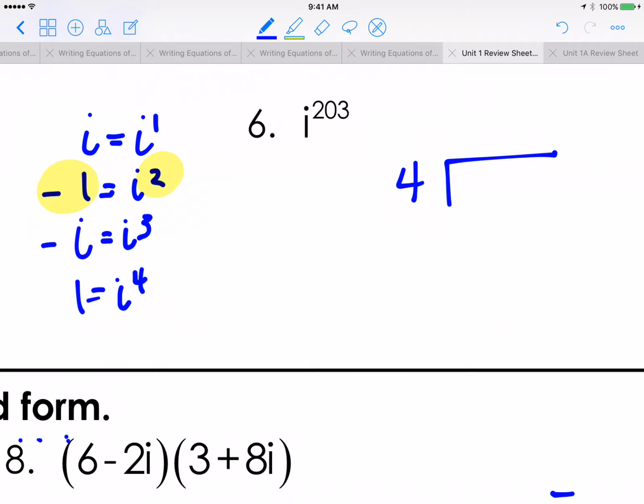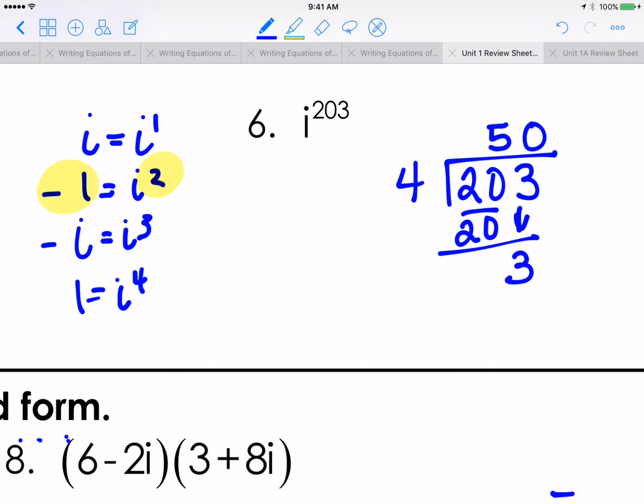So division. 4 divided by 203. How many times will 4 go into 20? 5 times. That would give us 0. So then bring down your 3. How many times will 4 go into 3? 0 times. Remember, you've got to do this. So how many times will 4 go into 30?